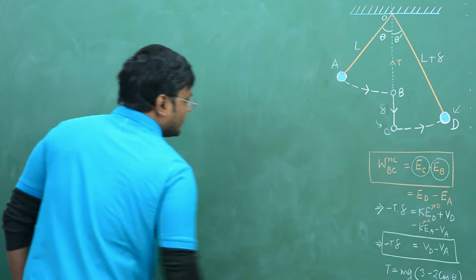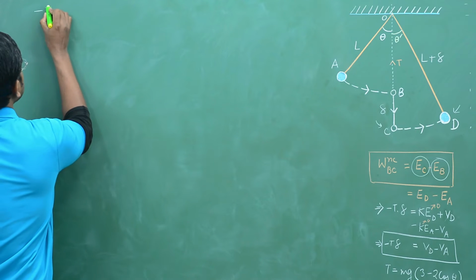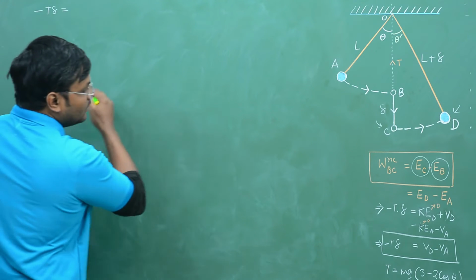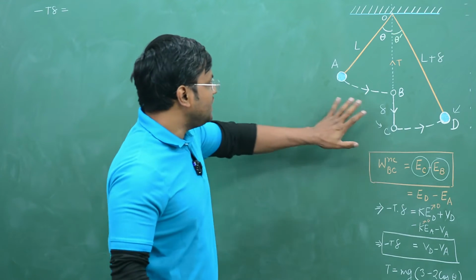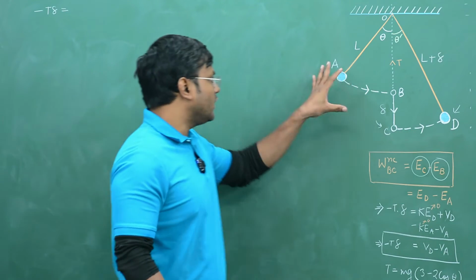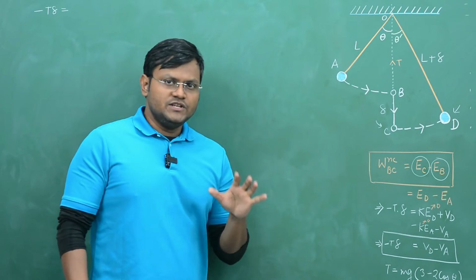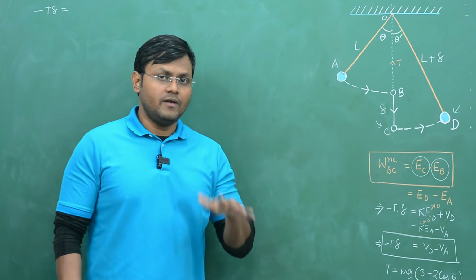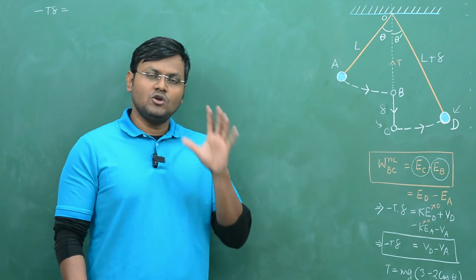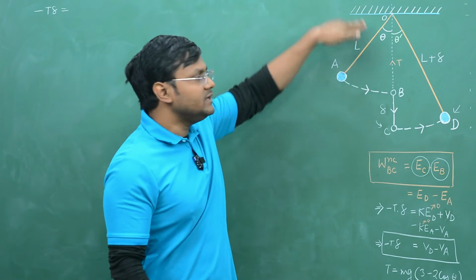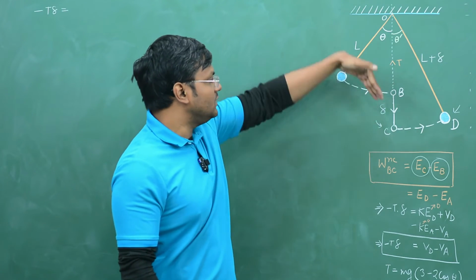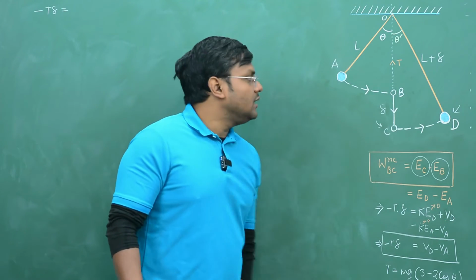So let's start with this equation then. We have minus T del is equal to VD minus VA. What is VD? It is the potential energy at location D minus the potential energy at location A. So we need to calculate the potential energy based on some common reference. The reference can be anything as long as we make a common reference. So it's better to choose the reference of the ceiling, right? If I choose the reference of the ceiling, then I can calculate the potential energy for both A and D positions.